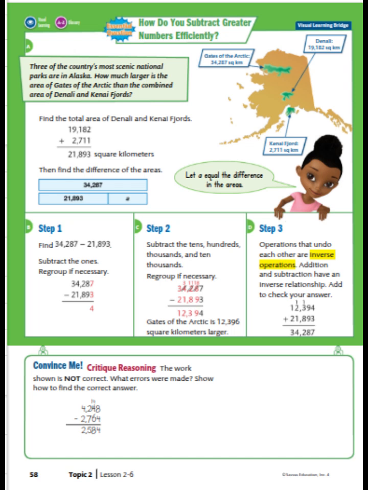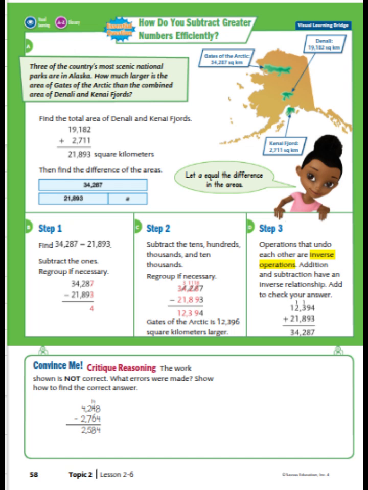So we see first that we're adding 19,182 plus 2,711. Let's go through the addition. In the ones place, we have 2 plus 1, which is 3. Then we have 8 plus 1, which is 9.